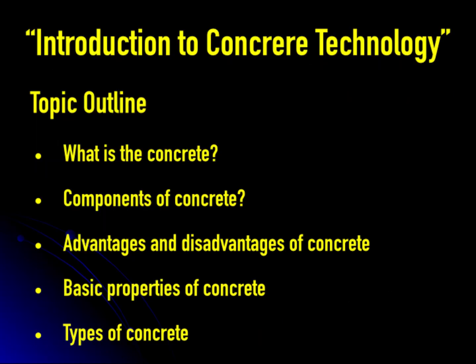The outline of this section includes the following topics. First, what is concrete? In this topic, I will explain the definition of concrete in terms of civil engineering. Next, the components of concrete. This topic presents the raw materials used to produce concrete and how they are used in the construction industry.